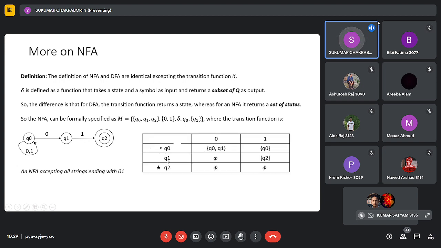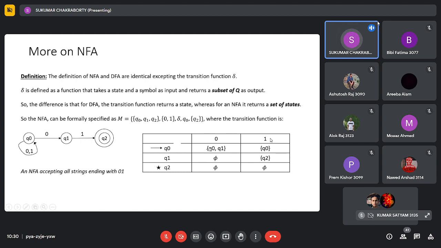As usual, you have your states here with the start state indicated by an arrow and the final state indicated by a star, and the columns contain the symbols 0 and 1. On seeing 0 at Q0, the output is a set, Q0 comma Q1.